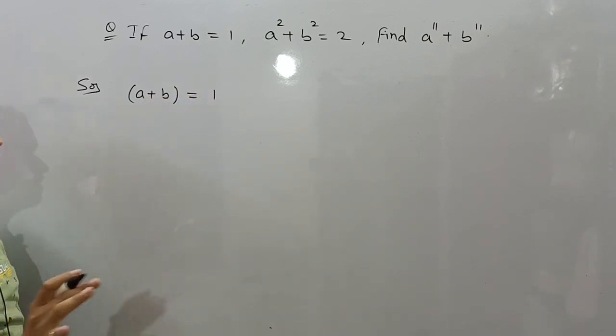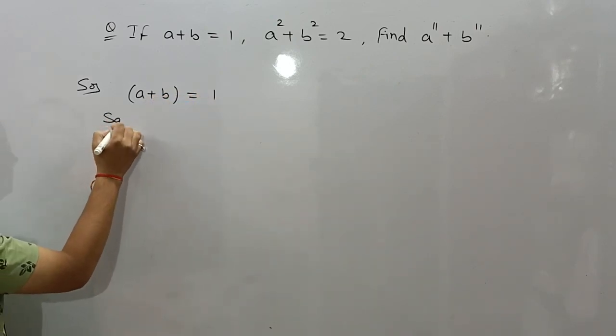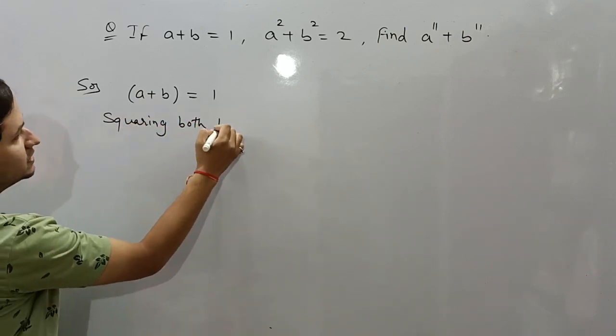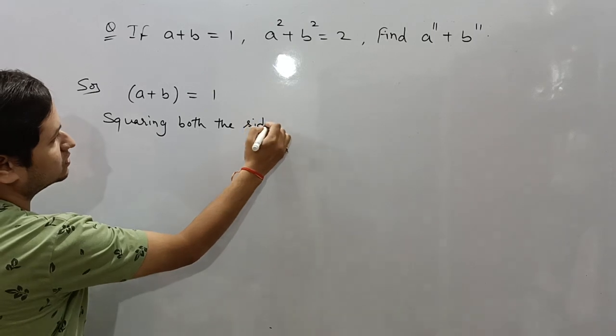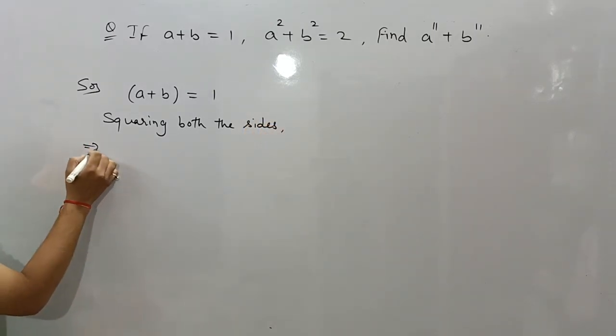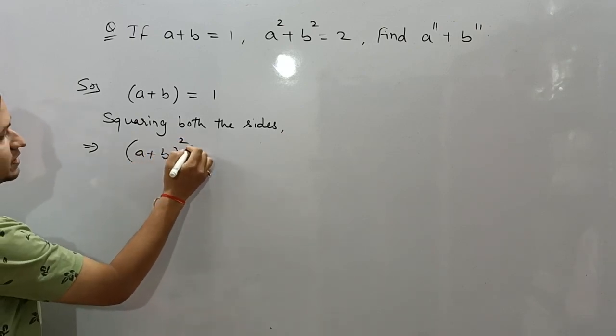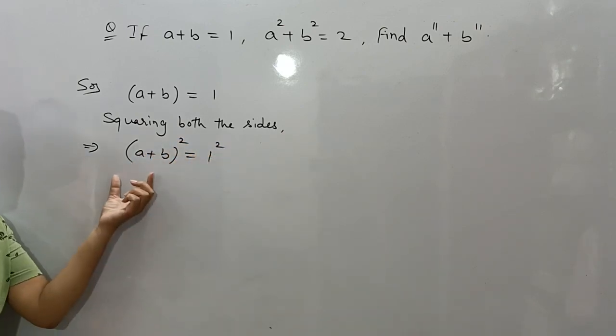Got it? Now, squaring both sides, what do we get? (a plus b) whole square is equal to 1 square.